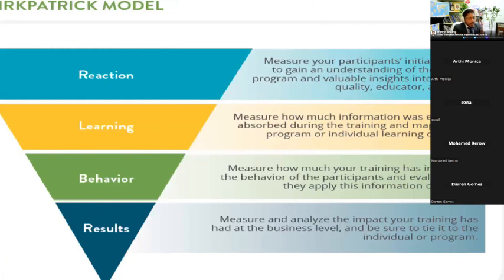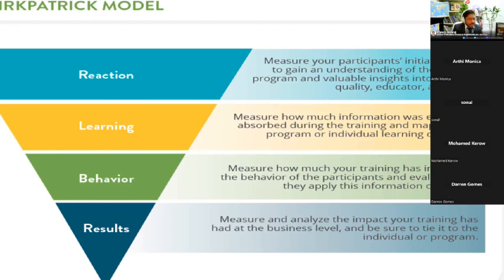Then behavior you're looking at. For example, accidents are happening frequently, incident reports are increasing alarmingly, and you don't know what to do. So you recommend a health and environmental safety program, and spend money sending people. After the program, the post-training measure is how much your training has influenced the behavior of the participants.